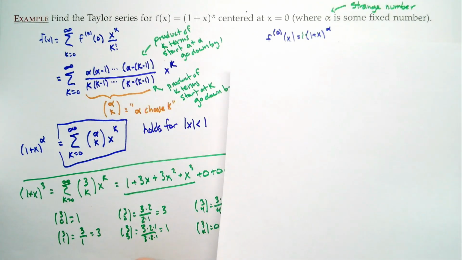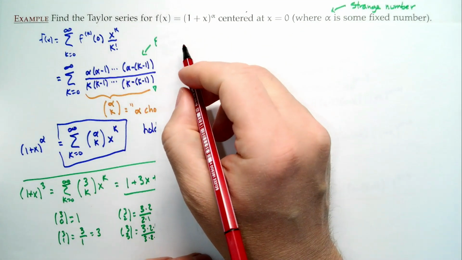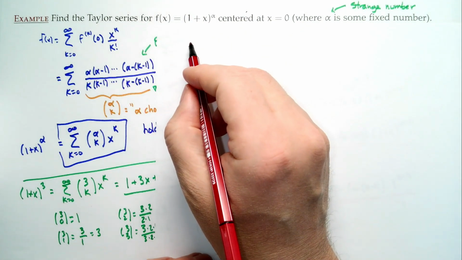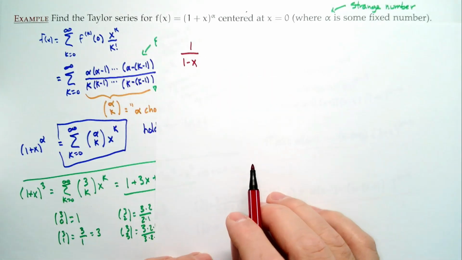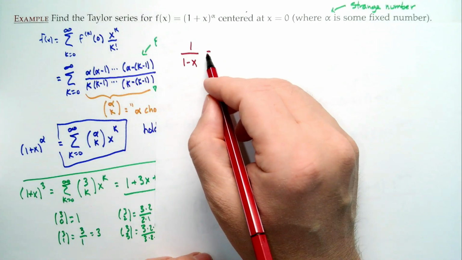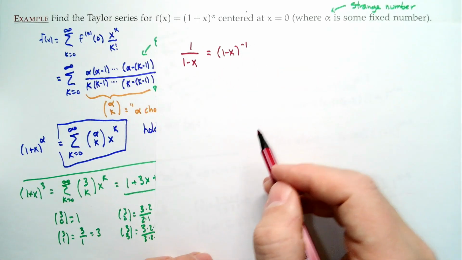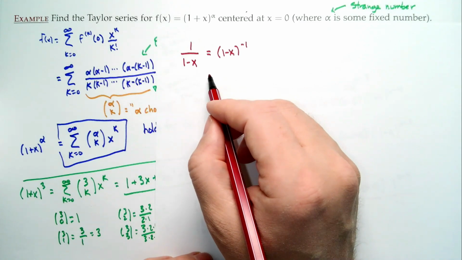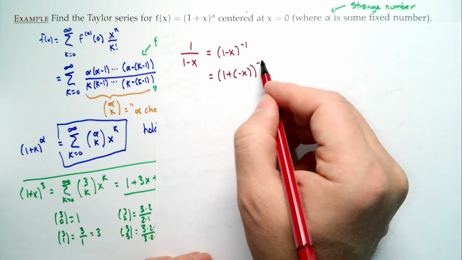Now let's do another kind of check. I want this here for reference. So we've done a series that kind of feels like a binomial series. Remember, we've done the geometric series, 1 over 1 minus x. So I can think of this as 1 minus x to the minus 1, or as 1 plus negative x to the minus 1 power.